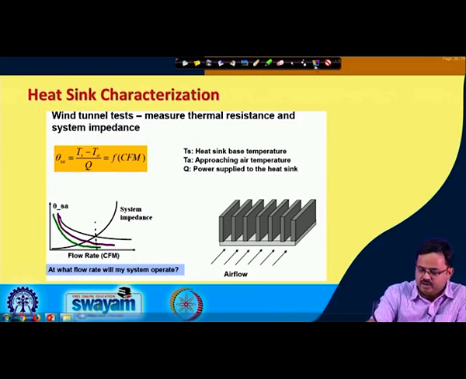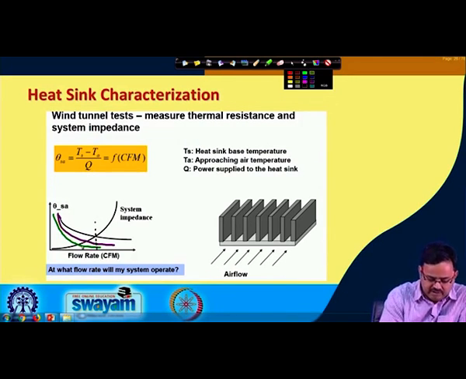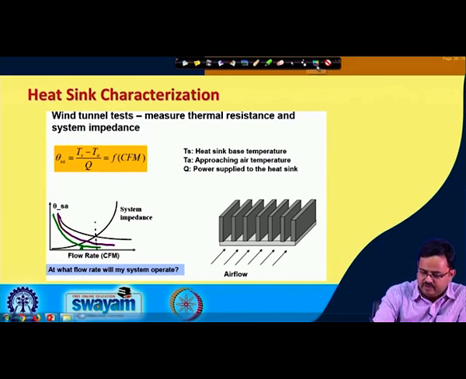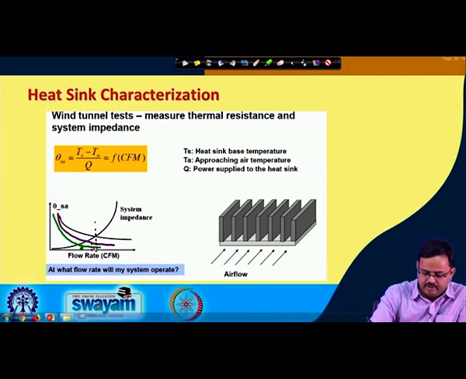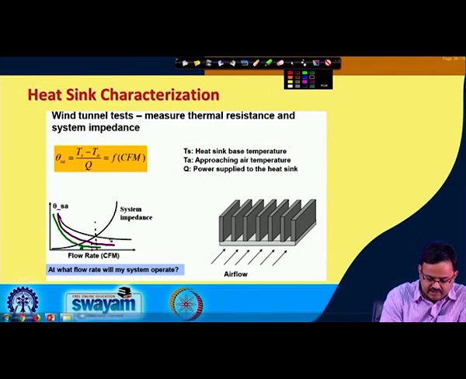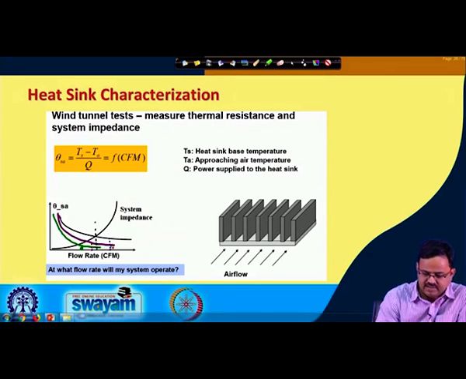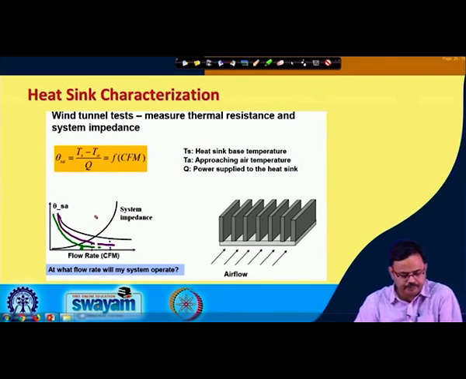the corresponding operating point for the green is probably here, for the red is probably here, and for the blue, which unfortunately is denoted by black here, is this. Clear?